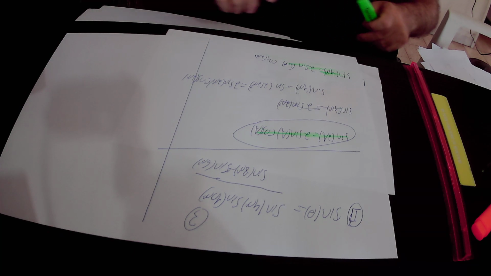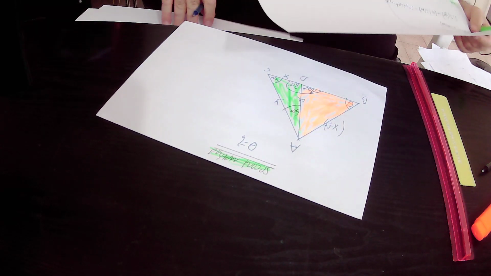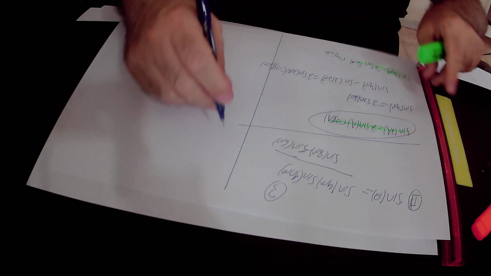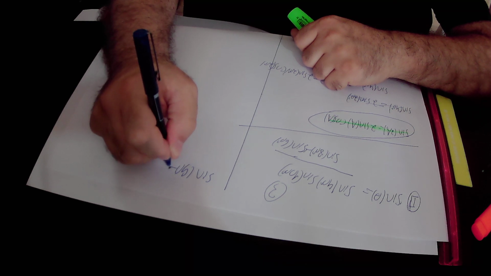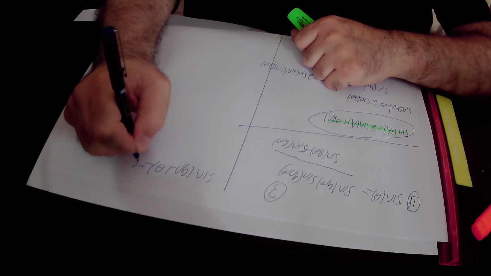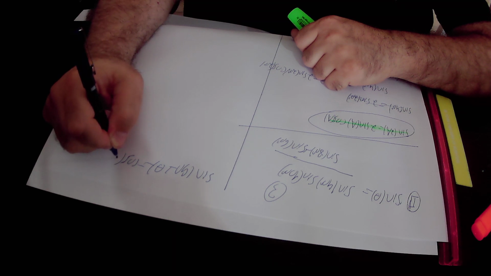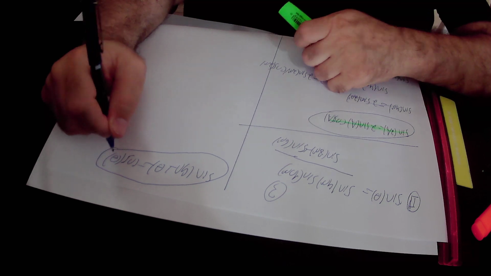And we have a second trigonometric identity, that sine 90 degrees plus theta equals cosine theta. We'll use this identity for sine 100 degrees.